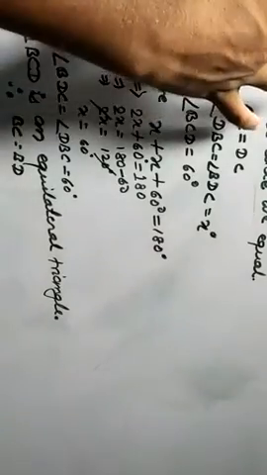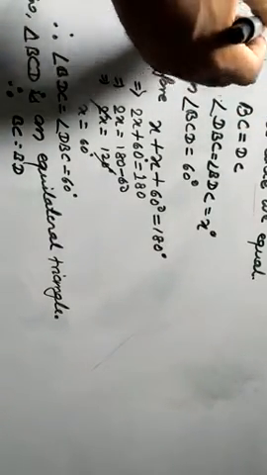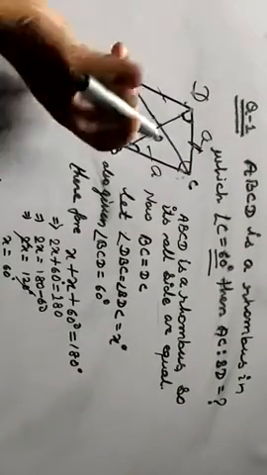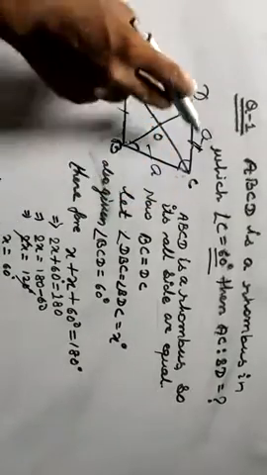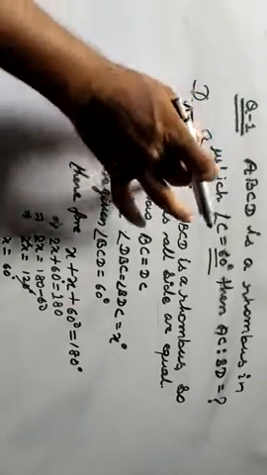Understood? Therefore we can say that BC equal to BD. Let each be A. We got BC equal to A and DC equal to A because it is an equilateral triangle.